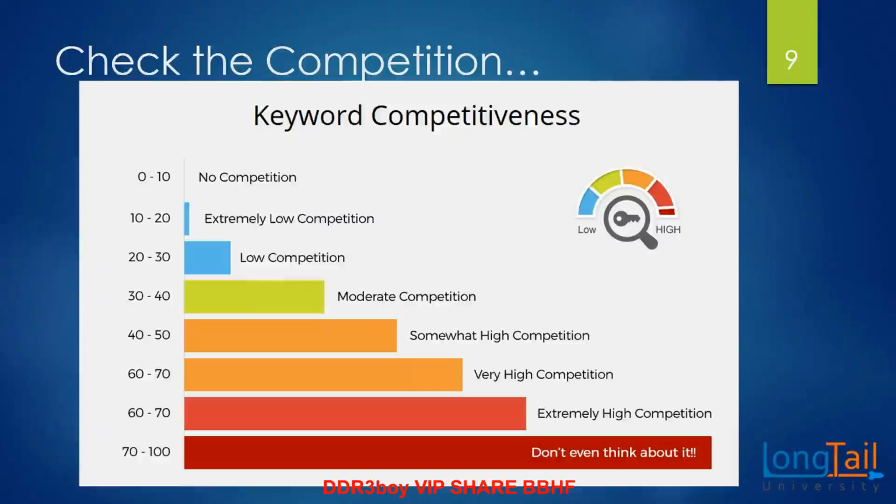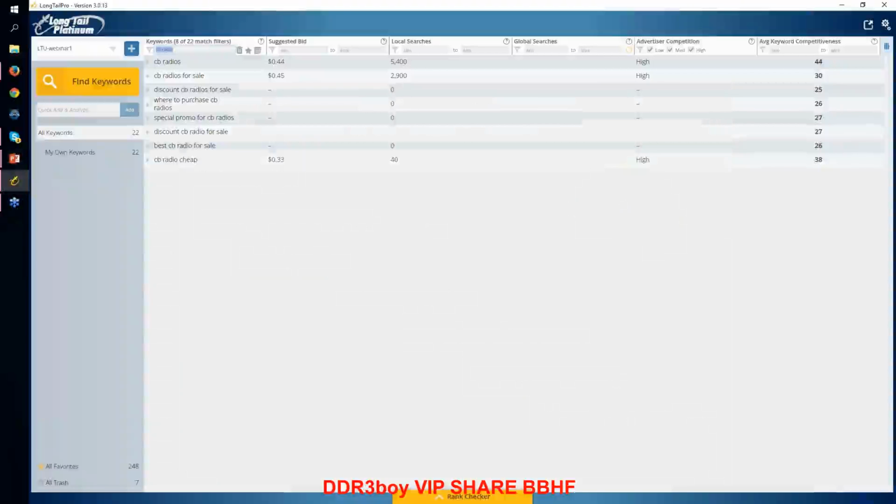There are so many keywords out there that if you're using these modifiers, there's no reason you should ever be targeting a keyword that has a 40 or above KC, an average keyword competitiveness. So let's go ahead and pull up our examples one more time, and let's go back to maybe the laptops examples.